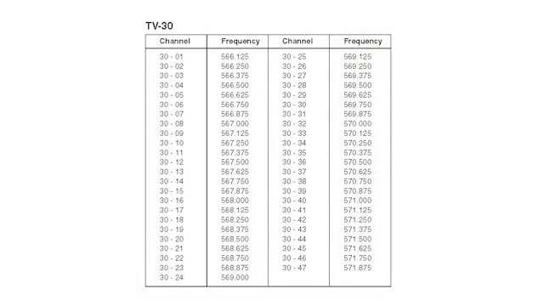Now, within each of these TV channels, and again, each one is 6 megahertz wide, with our 125 kilohertz spacing between adjacent mic channels, we can fit 47 wireless microphone frequencies within that one TV channel.